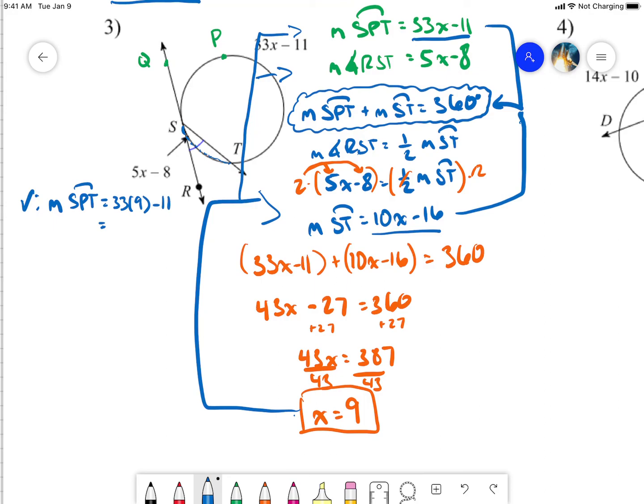Oh my goodness. 297, so it's 297 minus, and my screen froze. My iPad froze.